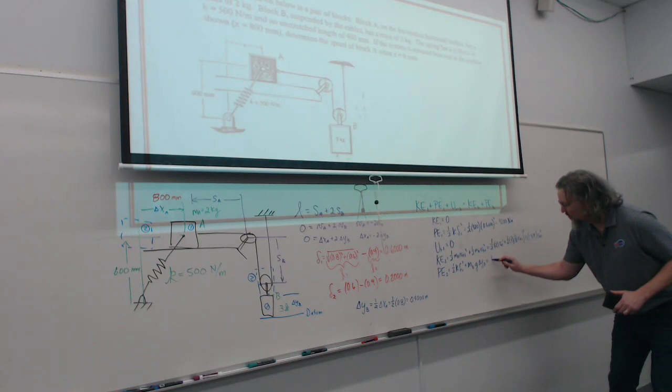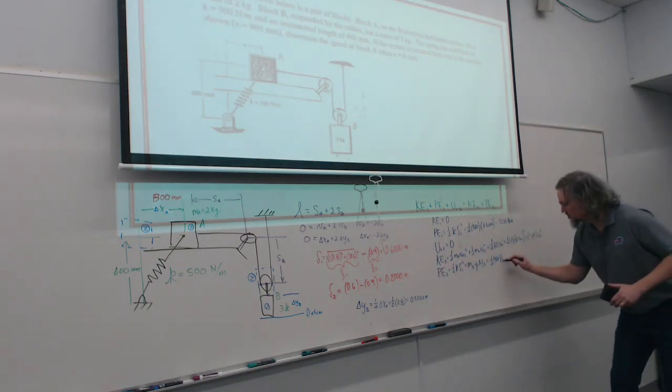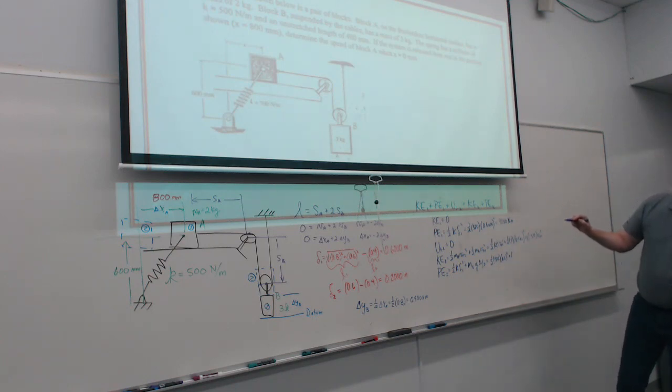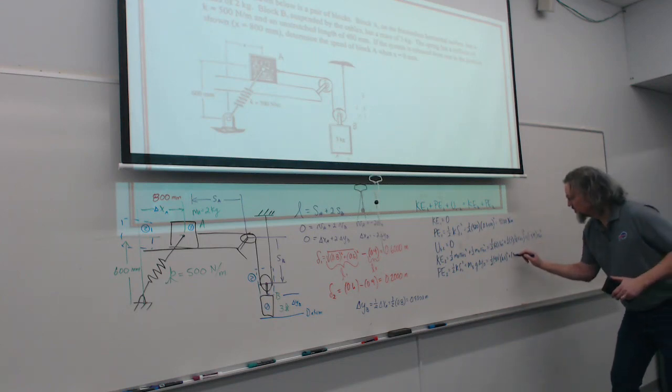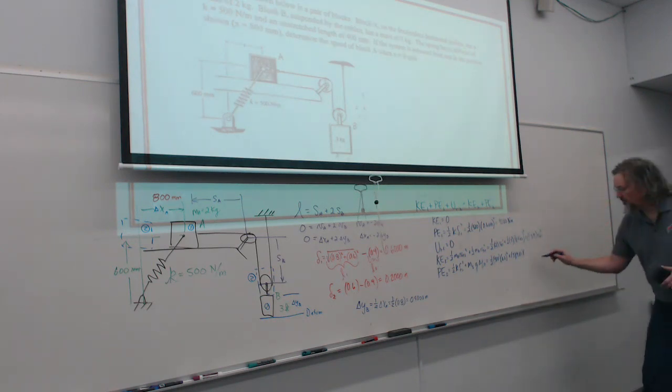All right, so 1/2 times 500, and here's our 0.2 squared, plus we're going to have 3 kilograms, 9.81 for gravity, and the distance it will rise is going to be 0.4 meters.